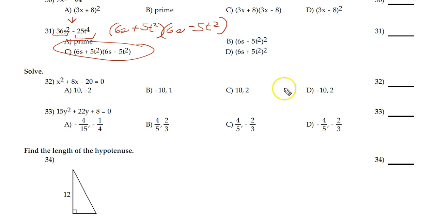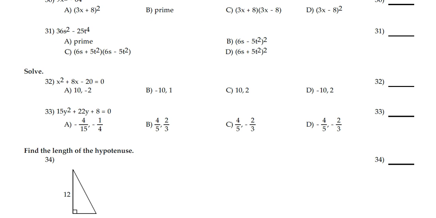Now for number 32, again, pause, write it down. We want to solve this equation by factoring, if we can. Now this is going to be x, this is x. Factors of a negative 20 that have a difference of 8.